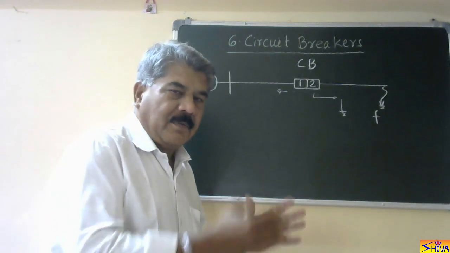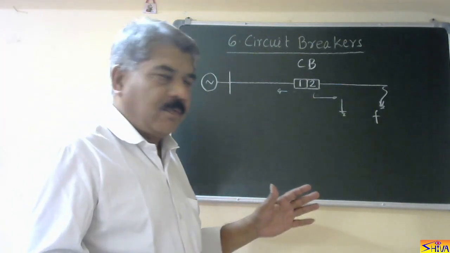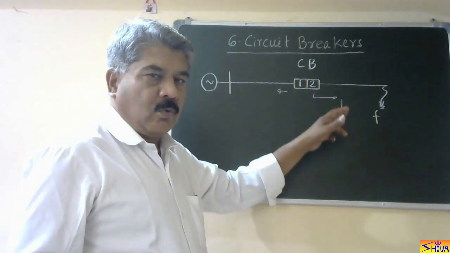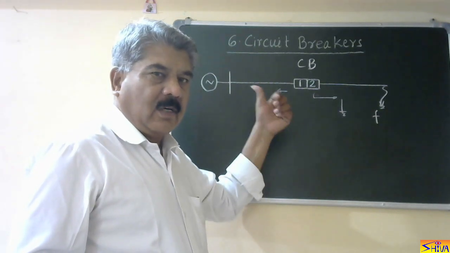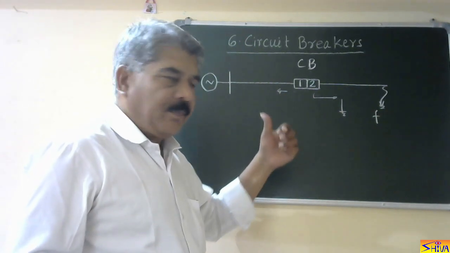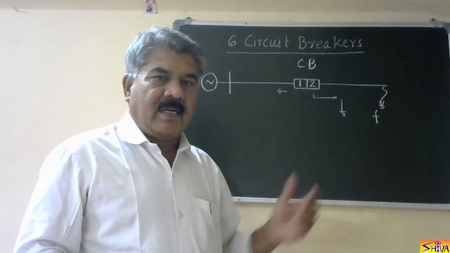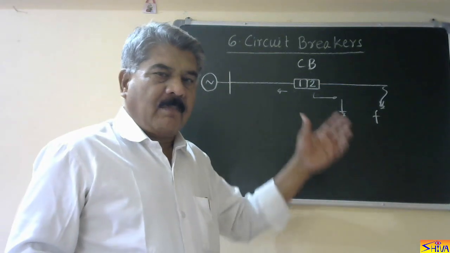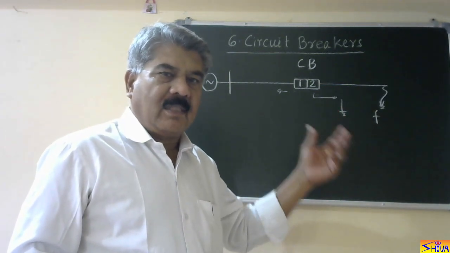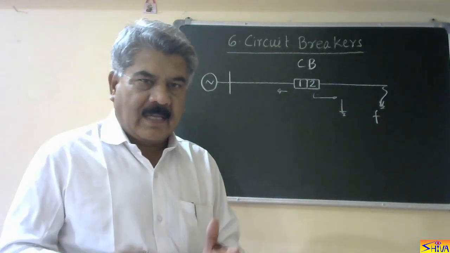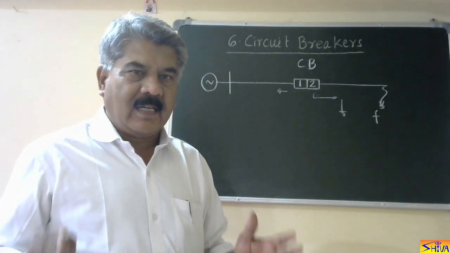Or if it is three-phase fault, or let us say line-to-line fault, then one contact will go to one line voltage and second contact will go to another line voltage. So in general, when the circuit breakers operate, it is transition from current carrying to voltage withstanding state.